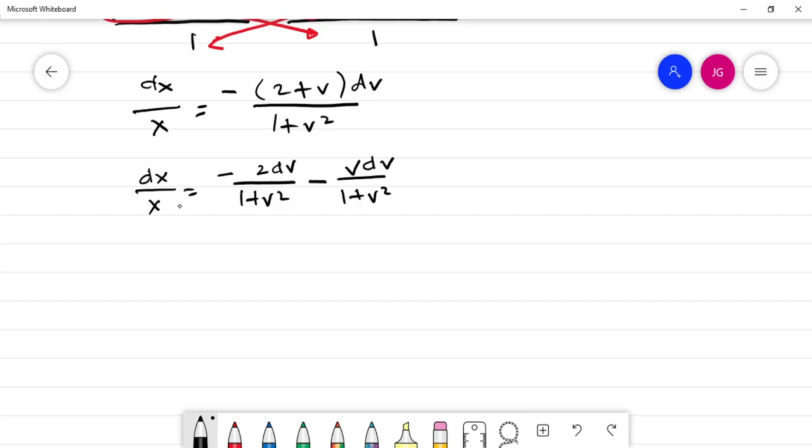Diba? So, dali na lang ni siya differentiate. Okay, so differentiate both sides.